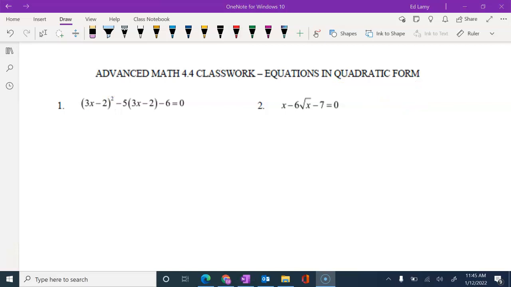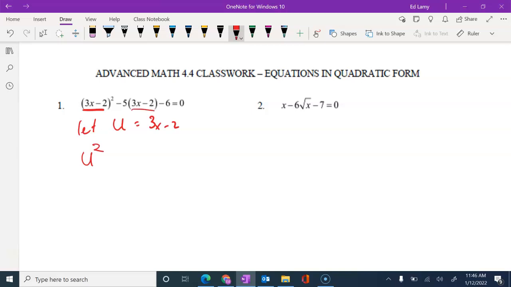You can make it look a little bit simpler if we use a technique called substitution. If I introduce a new variable, I'll say let u equal that binomial 3x minus 2. In the given problem, we've got 3x minus 2 squared. If I substitute for u, that'll say u squared.